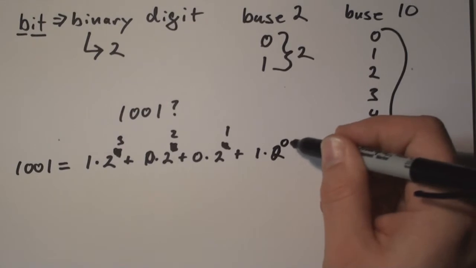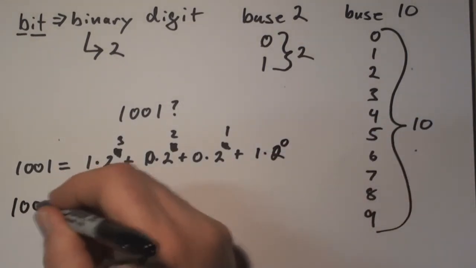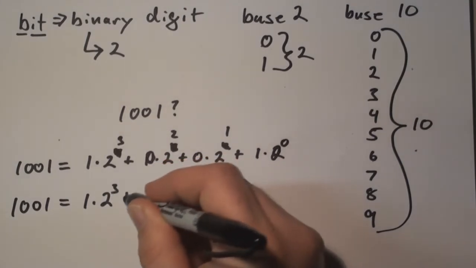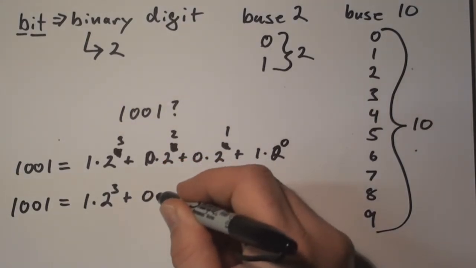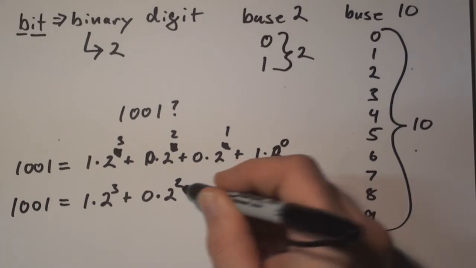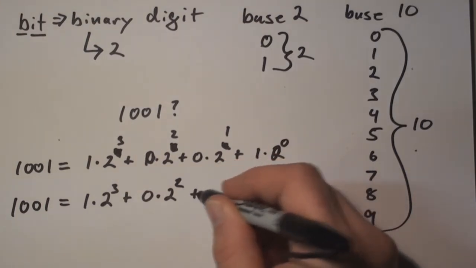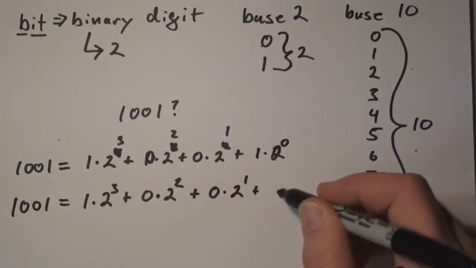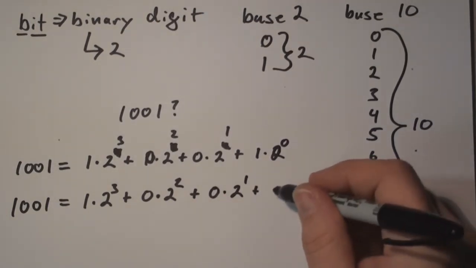Okay, 1001 is equal to 1 times 2 to the power of 3 plus 0 times 2 to the power of 2 plus 0 times 2 to the power of 1 plus 1 times 2 to the power of 0.